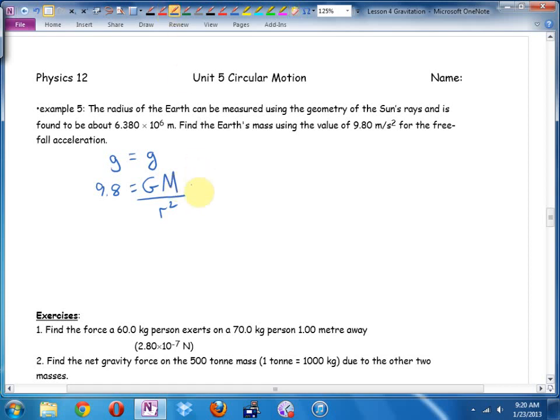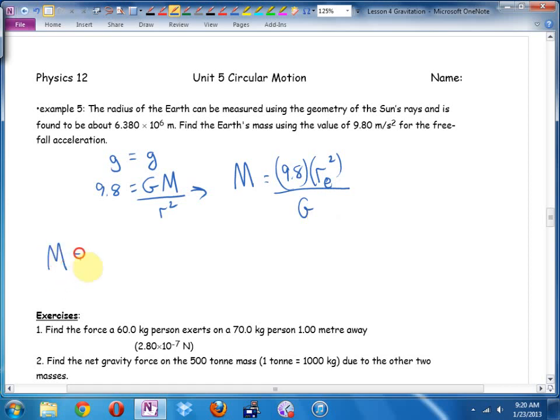Let's get the mass of the Earth by itself. Mass of the Earth looks like it's going to be 9.8 times the radius of the Earth squared divided by big G. Is that right, I think?